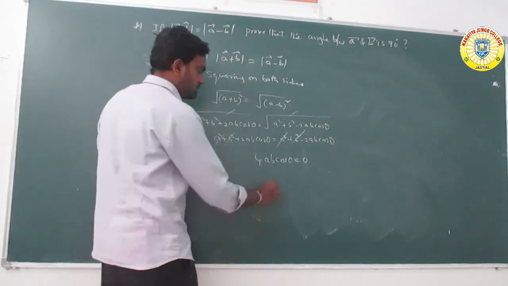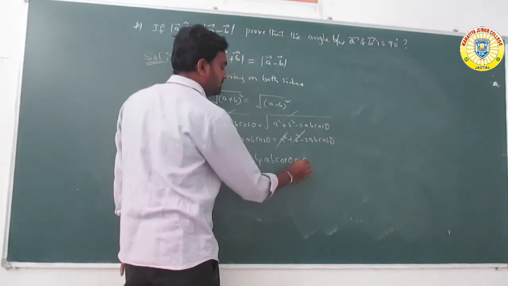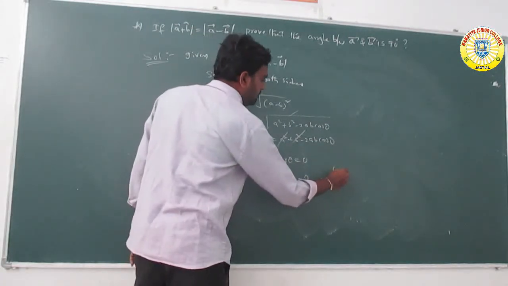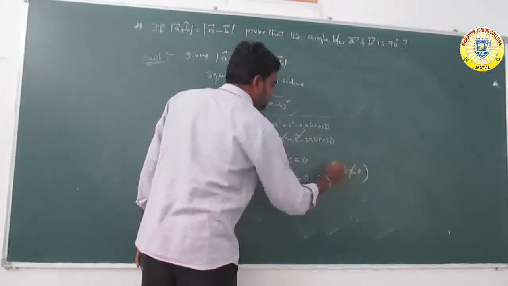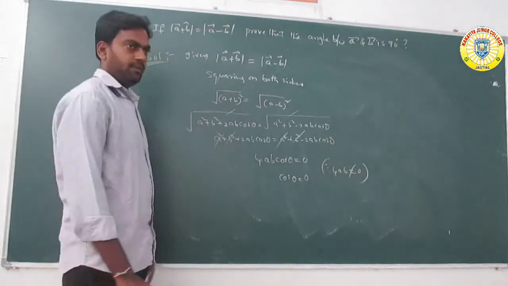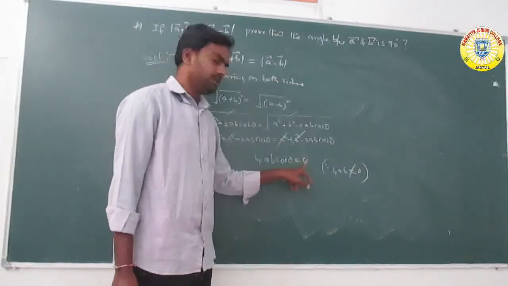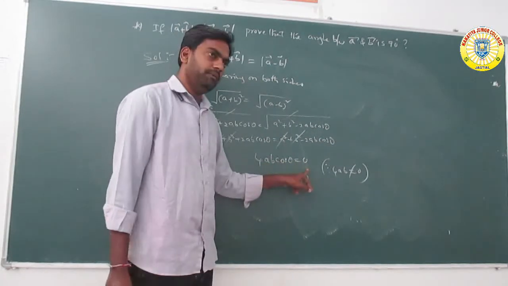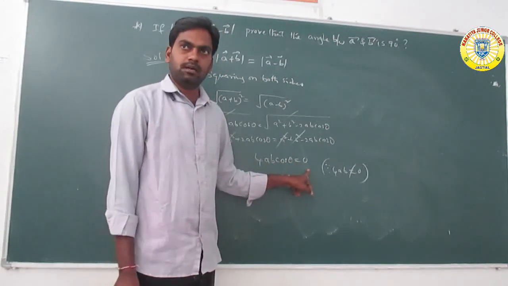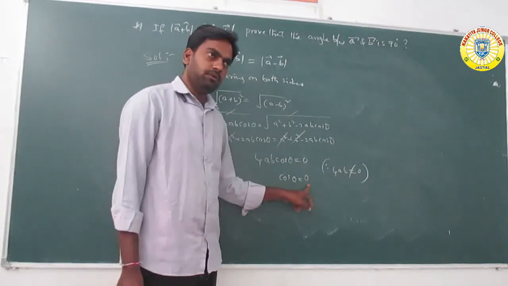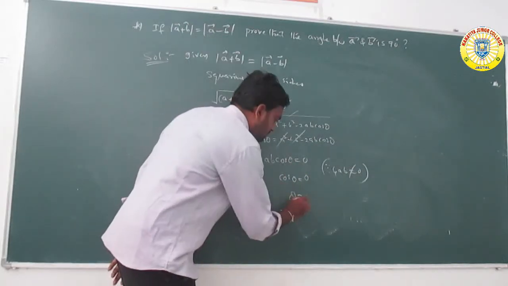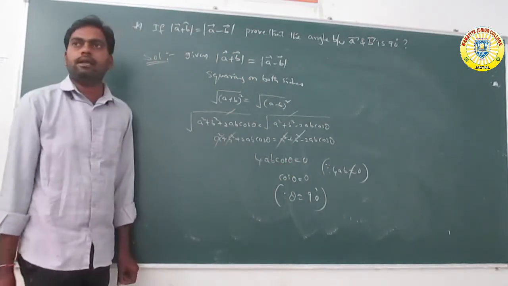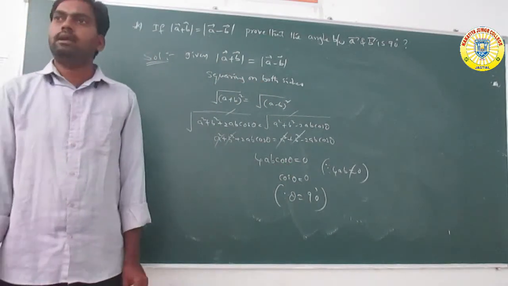But 4AB is not equal to 0, so cos theta is 0 by 4AB, which is equal to 0. So cos theta is equal to 0 when theta is 90 degrees. So the angle between A and B is 90 degrees.